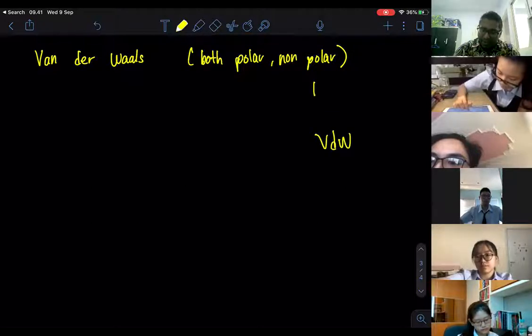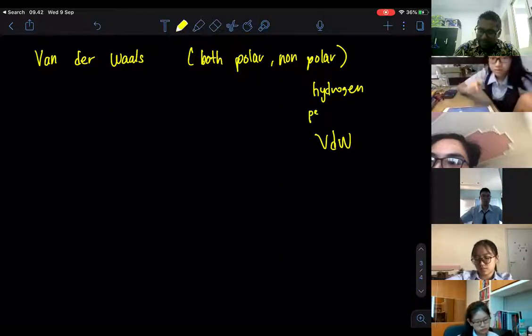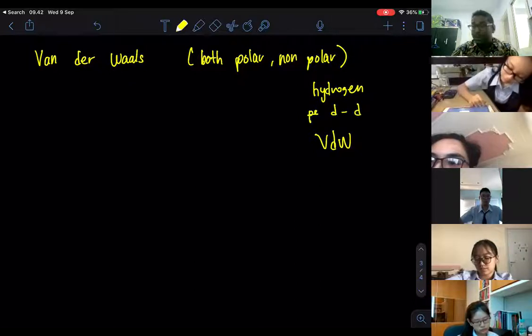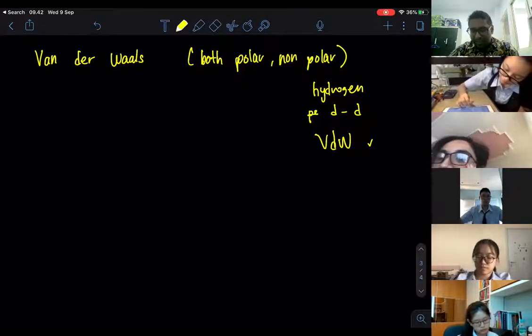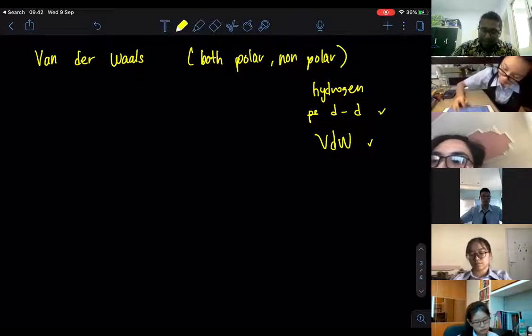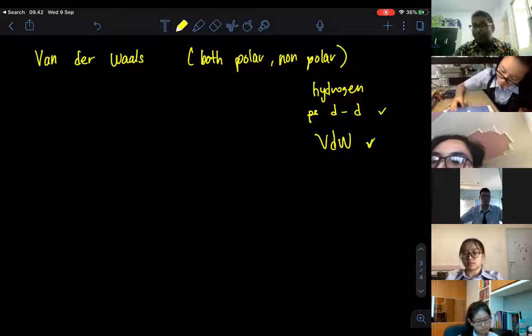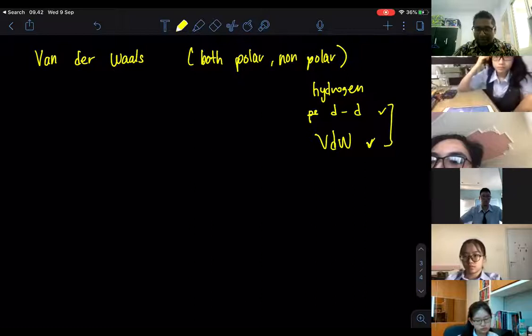The strongest is hydrogen bonding, and the second is going to be permanent dipole-dipole. So you see, van der Waals is weakest. Now imagine a molecule, a polar molecule, has permanent dipole-dipole and van der Waals forces. For example, HCl.